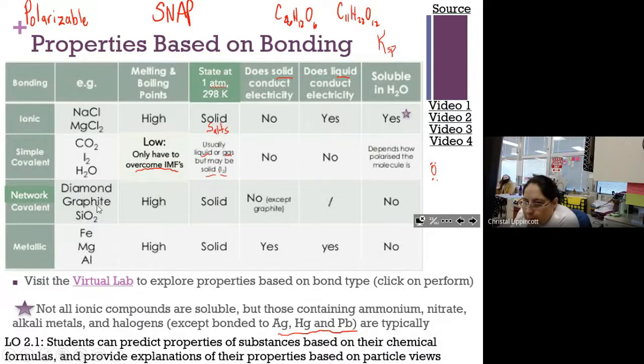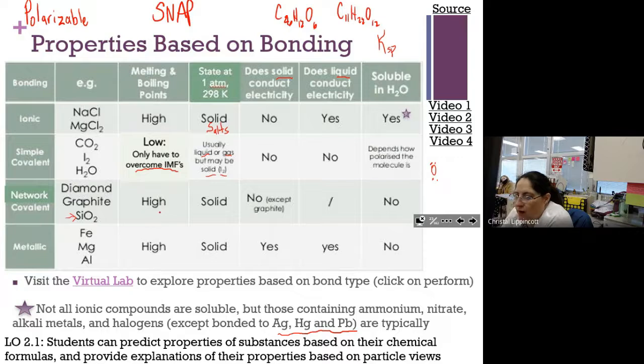Network covalent bonds, then diamond, graphite, and SiO2, so silicon dioxide, are typically the ones that you'll find on the test. They will try to trip you up with this. I tripped you up on your IMF test, I believe, with one of these. If you remember back to the Unit 2 test, you had a network covalent solid in there, and you had to figure out why that ended up with a higher boiling point.